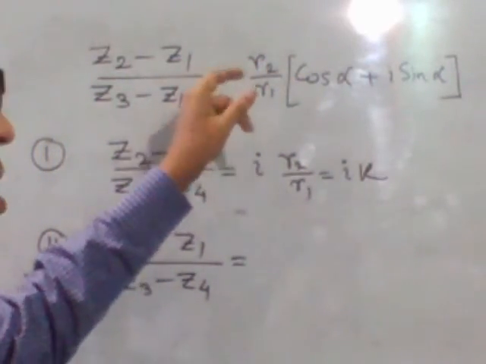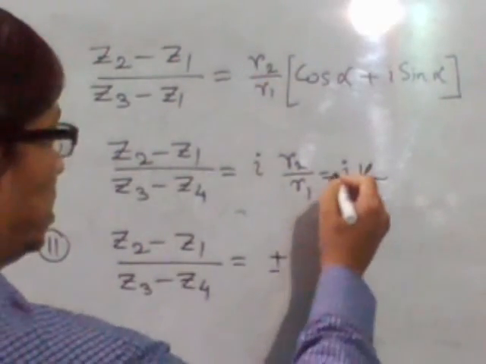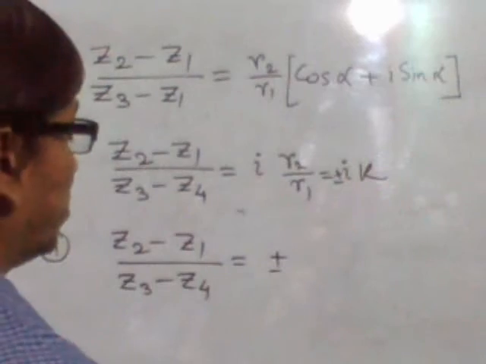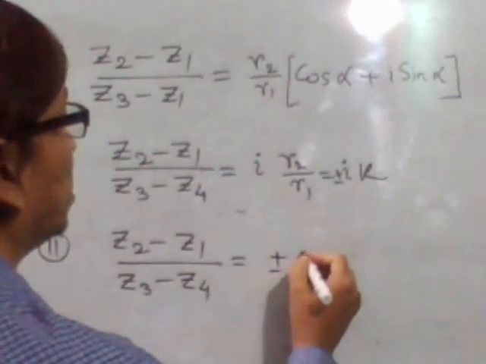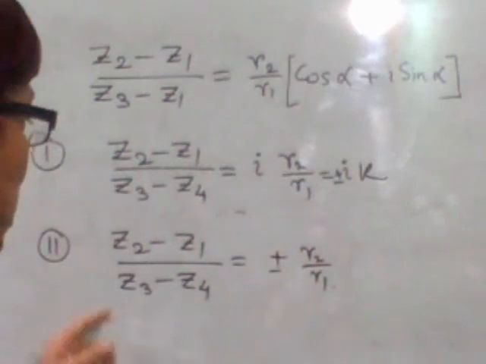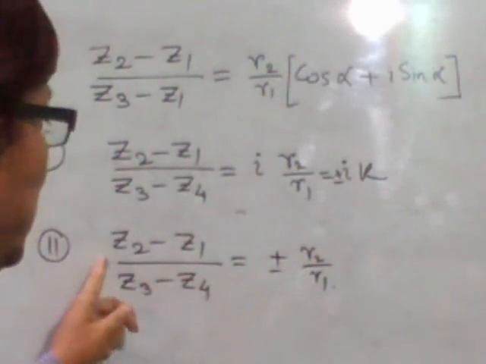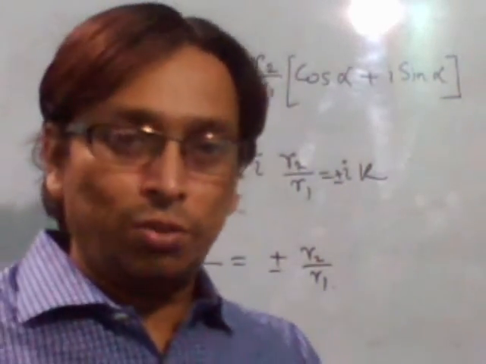So this will be plus or minus a real value, that is R2 by R1 only. That means if it is real, then Z2, Z1, Z3, Z4 are in a straight line. That means they are collinear.